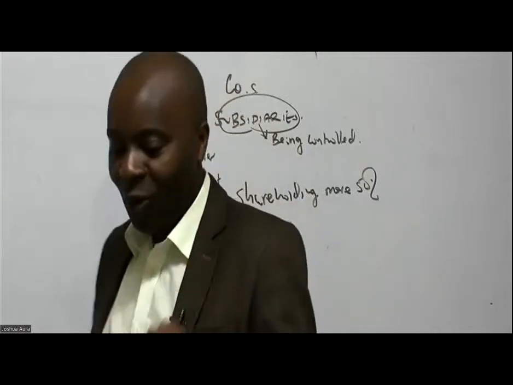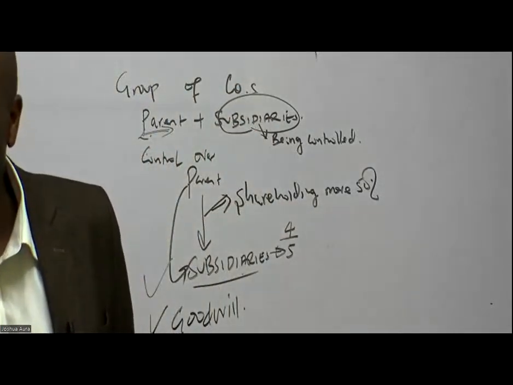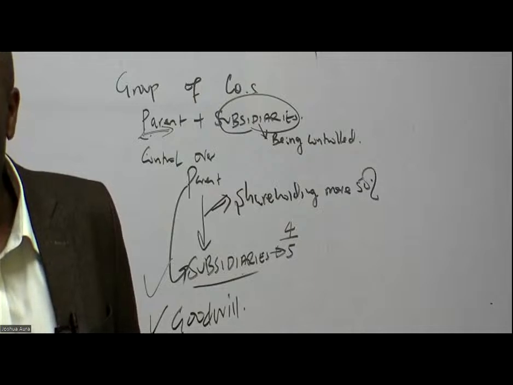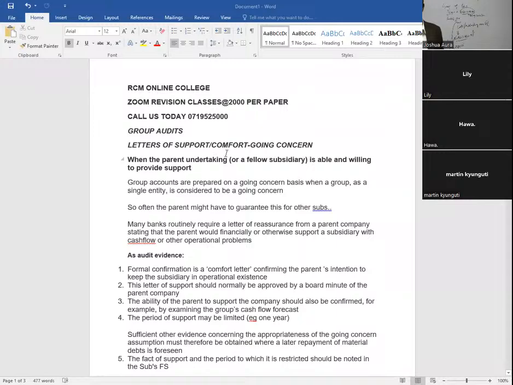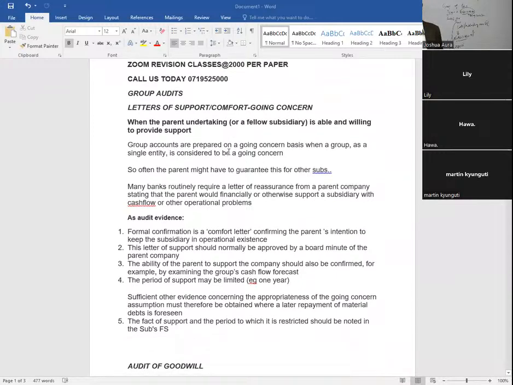So this is what I would want to teach you this morning, ladies and gentlemen, called comfort or support letters. So letters of support or comfort regarding going concern, when the parent undertaking, or even a fellow subsidiary, is able and willing to provide support to a struggling subsidiary. Great.